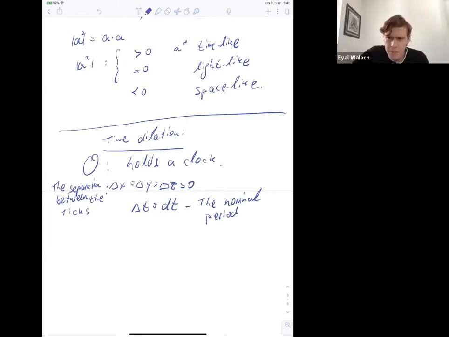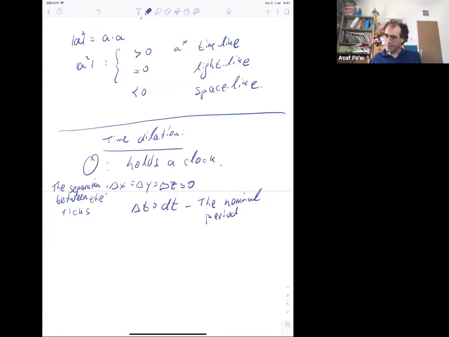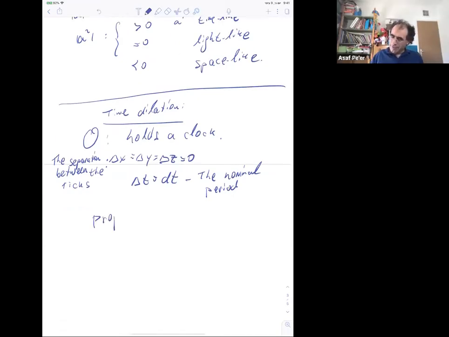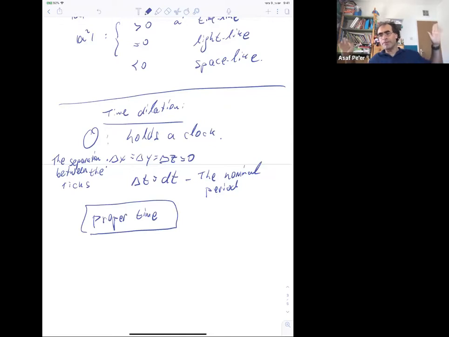Proper time, very good. So this is called the proper time. Proper time is the time that the clock ticks in a frame which is not moving at all. Now I'm talking about clocks, but you can think of a particle, of a cosmic ray, that decays in the atmosphere.